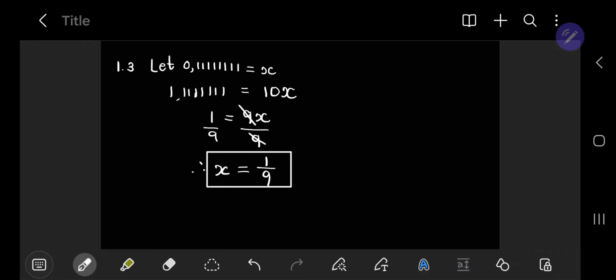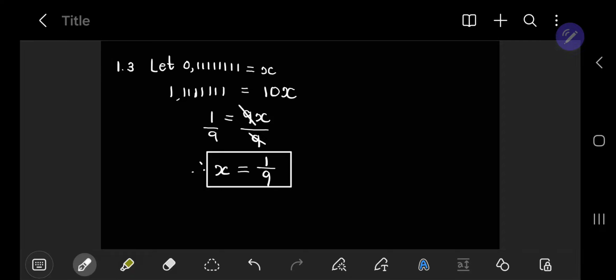And you can try it out. Put 1 over 9 on your calculator and you should get that same number. So that's a good thing about this question, where whatever fraction you get, you can always put it on your calculator, convert it to a decimal, and see if it matches the recurring decimal that was given in the question.